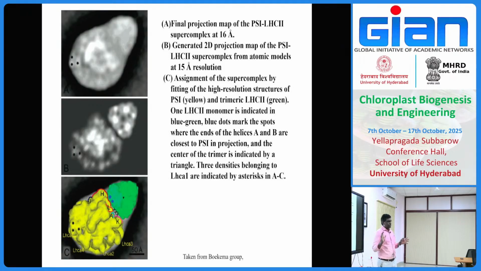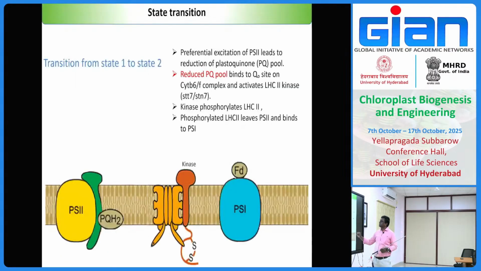Any structure you want to see, you can use cryo-electron microscope. Using that, we showed it experimentally, because you have to show whether it is true or not. You can see this is photosystem 1. The phosphorylated form of the light harvesting complex has migrated. That is what this data shows.